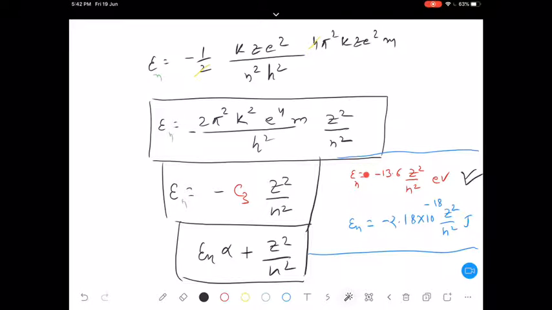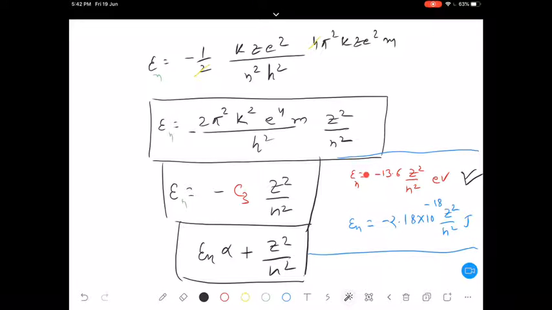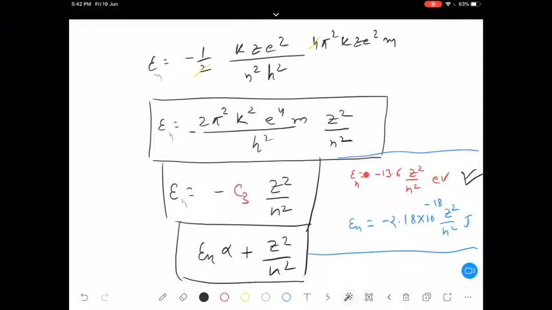Any confusion, any doubt in getting this expression? No, sir. Okay, very good. Okay, let's take one or two problems. Let's start. Question number 1.